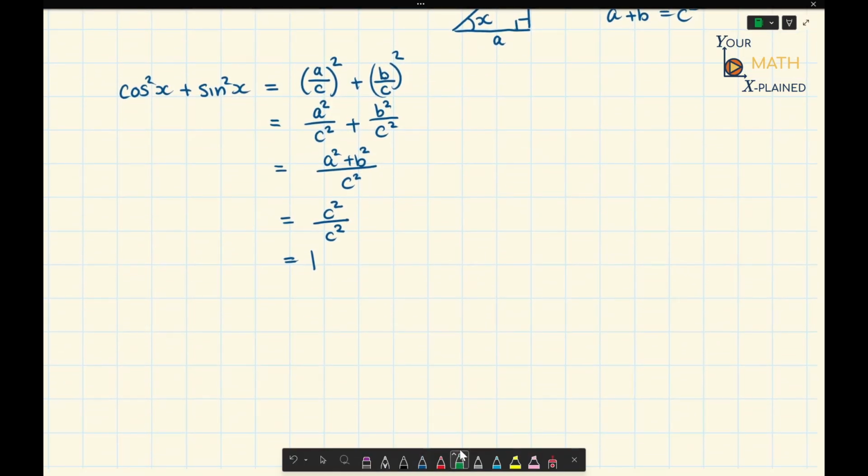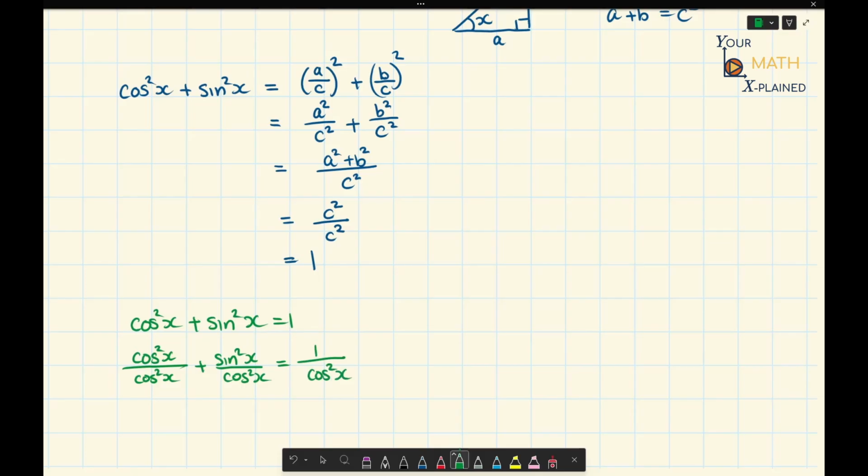So we're going to start with our first identity now that we've proven it. So we have cos squared x plus sine squared x is equal to 1. Now we're going to divide both the left side and the right side by cos squared x. So we're going to get cos squared x over cos squared x plus sine squared x over cos squared x is equal to 1 over cos squared x.